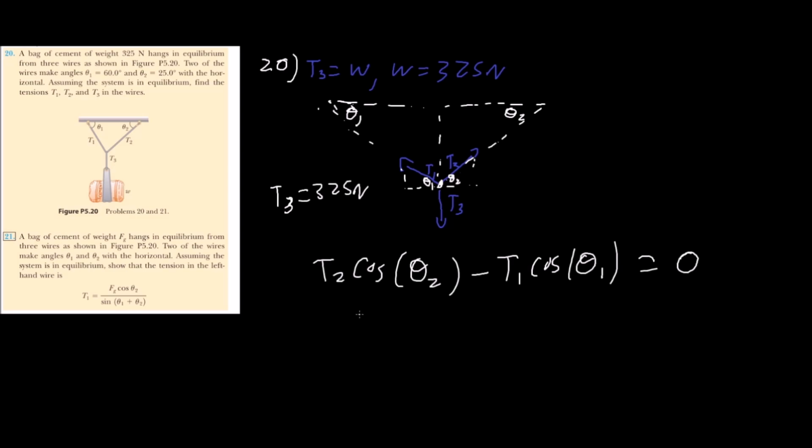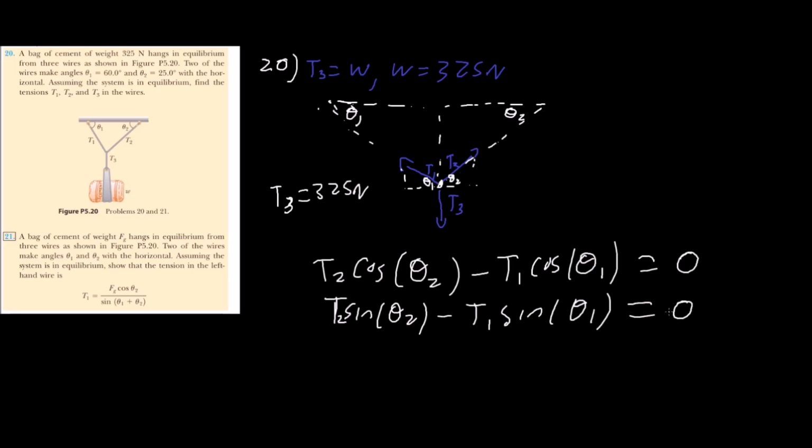And now let's take the vertical components. So this is going to be T2 sine of theta 2, minus T1 sine of theta 1.